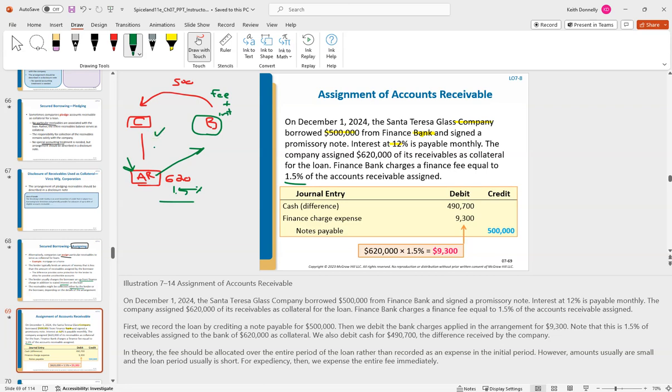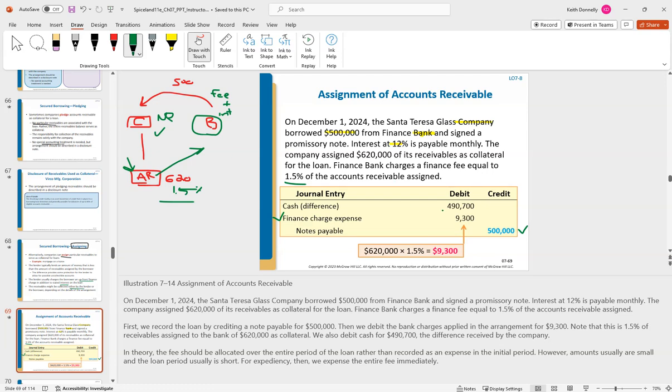So remember, we're the corporation. In this case, we have the finance expense of 9,300. We have now a note payable, because we borrowed money. So now we owe money, 500,000.